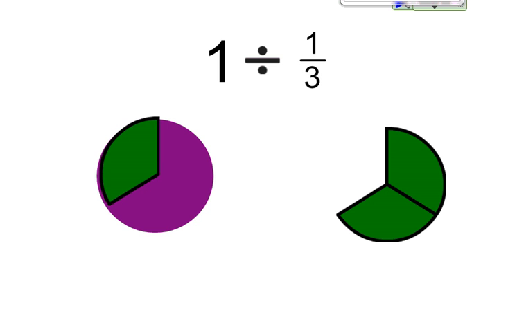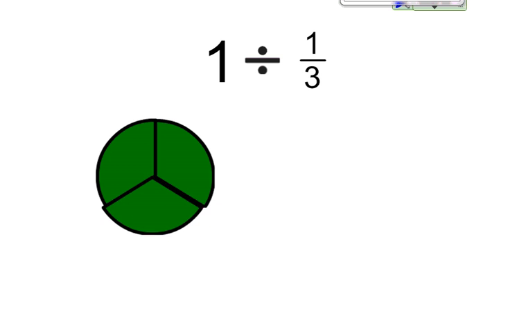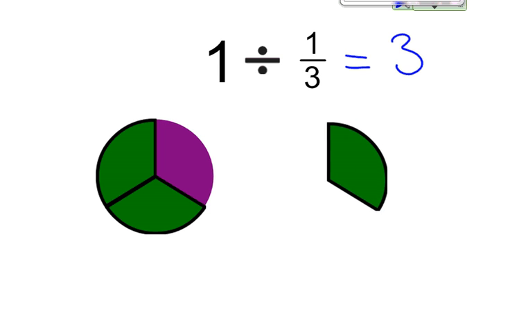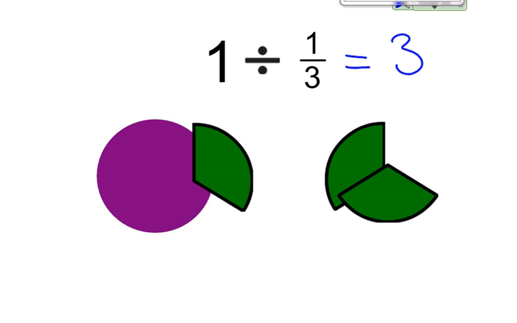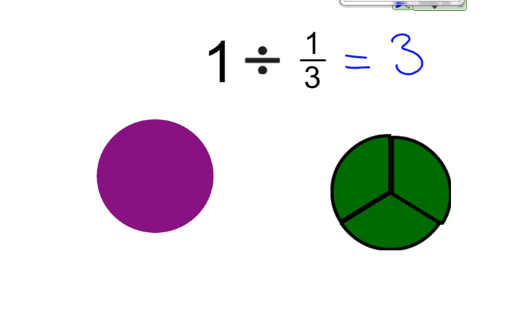Okay, so we got a 1/3, a second 1/3, a third 1/3, and we have definitely fit all of those 1/3 into our 1. And so in the end, we have 3 1/3, right? 3 of these fit into our whole 1. And so you have that idea.